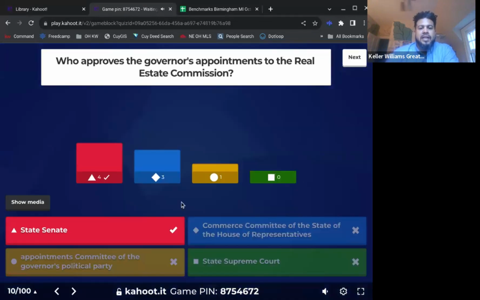All right, the state Senate, yes. Commerce Committee of the State House. Now, it's the Senate. Governor, when you think of the governor, think of the Senate. So, yeah, state Senate.